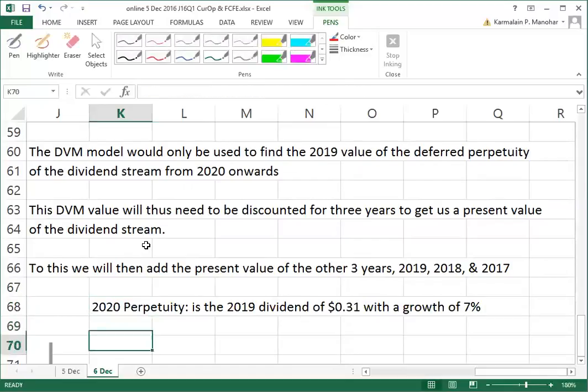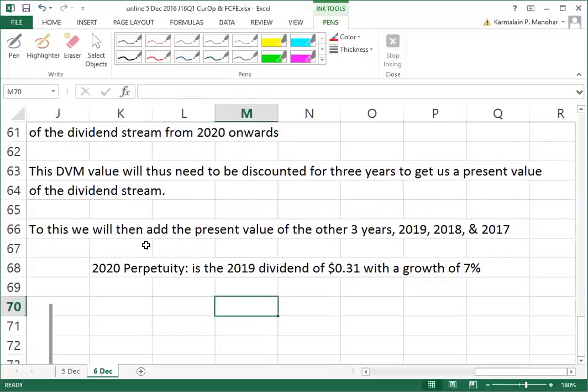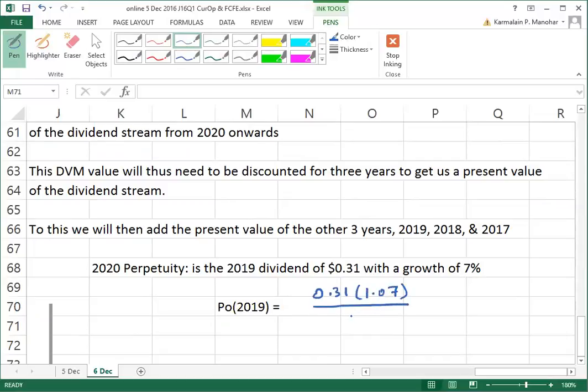That P0, which will now become a 2019 P0, would now be equal to our 31 cents D0, 0.31 times 1 plus g, 1.07, that's your growth, over r minus g.